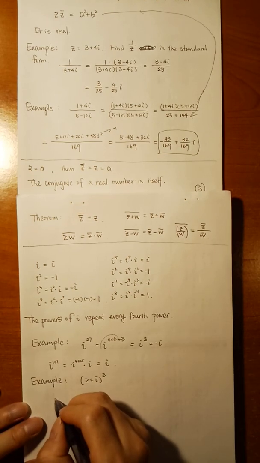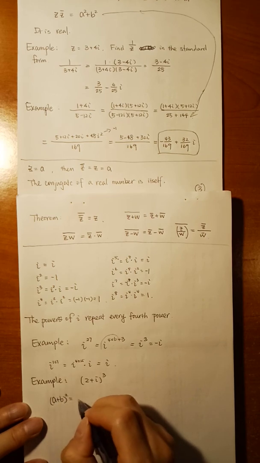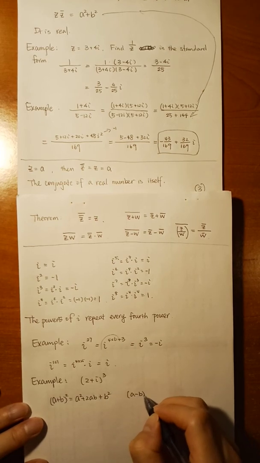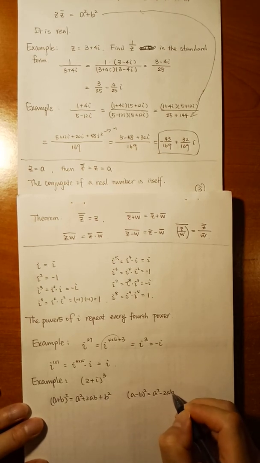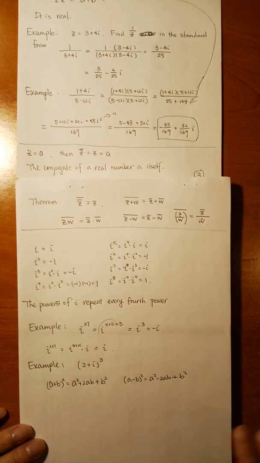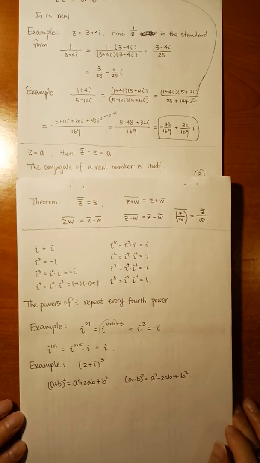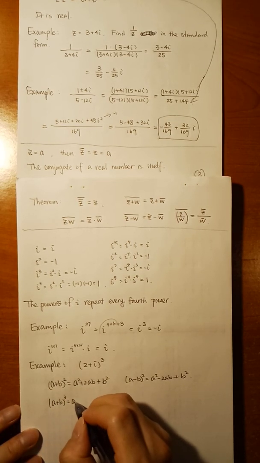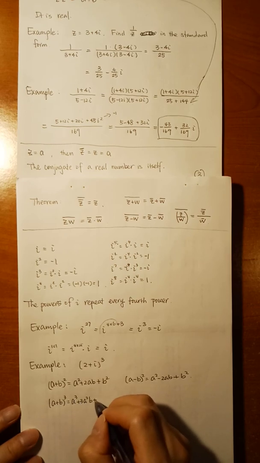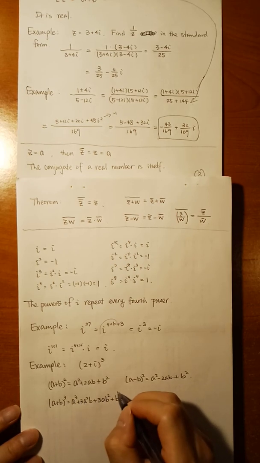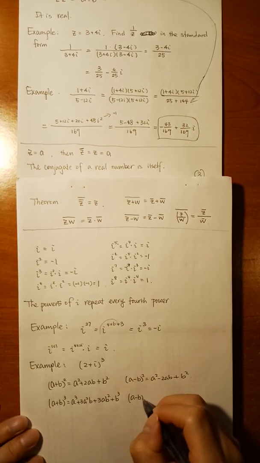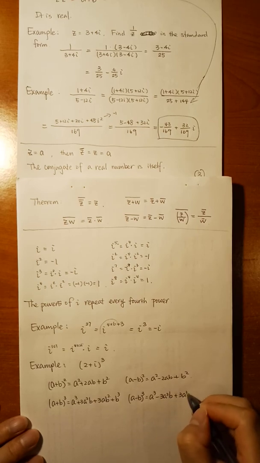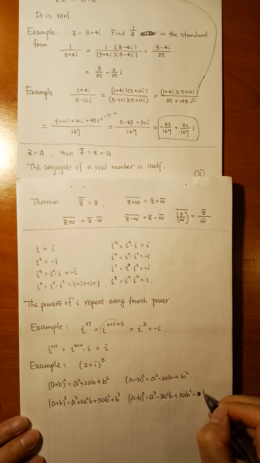For the algebra, we have several formulas. For example, (a + b) squared is a squared plus 2ab plus b squared; (a − b) squared is a squared minus 2ab plus b squared. You already saw this in the last video. And then the cubes: (a + b) cubed is a cubed plus 3a squared b plus 3ab squared plus b cubed, and (a − b) cubed is a cubed minus 3a squared b plus 3ab squared minus b cubed.